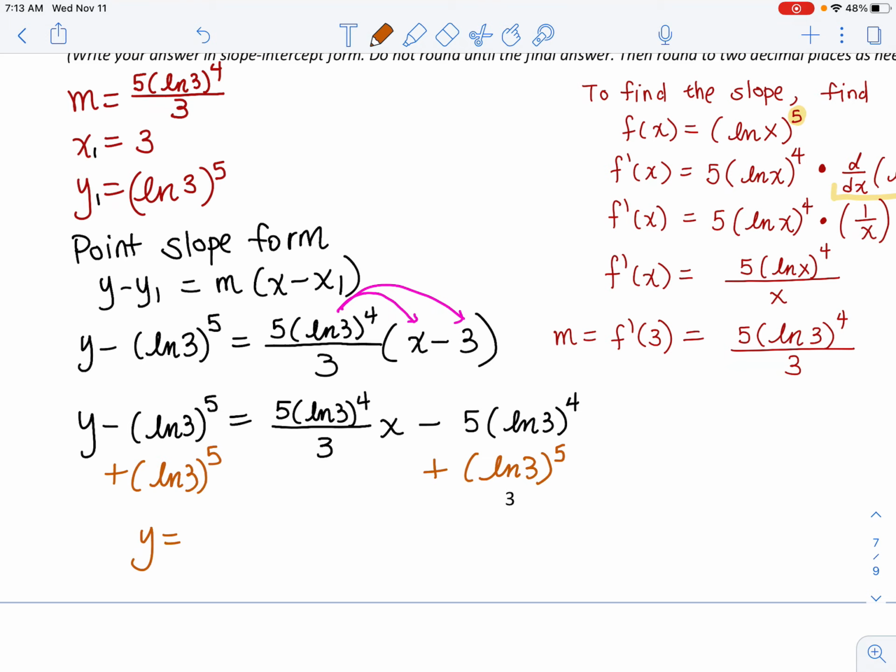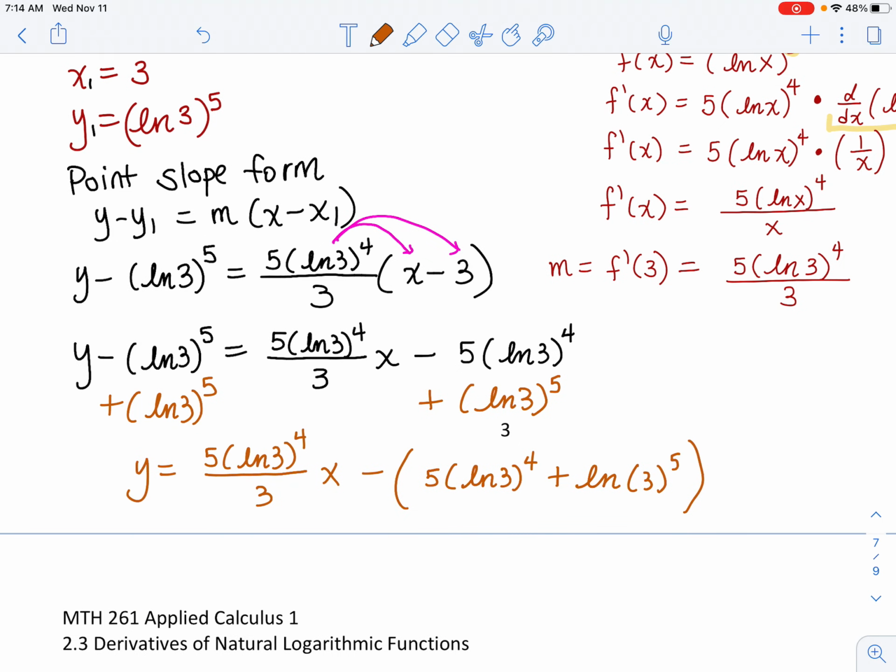Y equals slope of 5 times natural log of 3 to the 4th power over 3x minus, now this is going to be our y-intercept. 5 times natural log of 3 raised to the 4th power plus natural log of 3 raised to the 5th power. I'm going to go ahead and combine those two, okay?